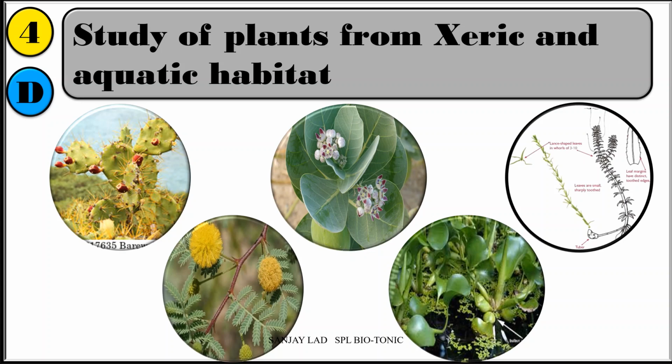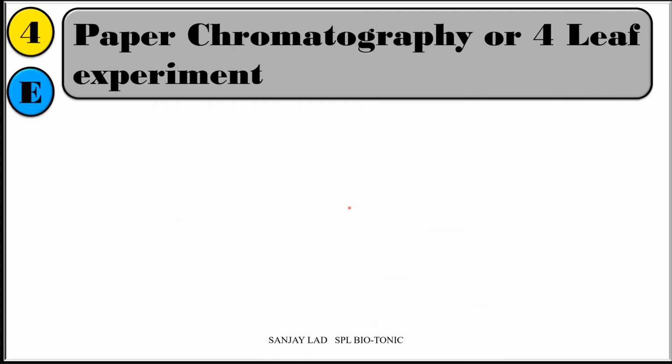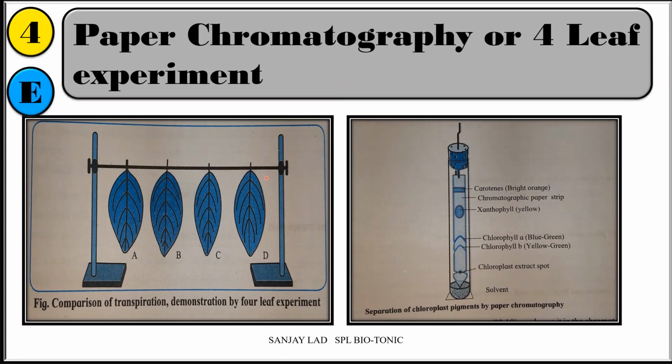Question 4E has 2 options. One is 4-leaf experiment to demonstrate the rate of transpiration, and option for this question is paper chromatography. Here you have to identify various plant pigments like chlorophyll B, chlorophyll A, xanthophyll, and carotenes.